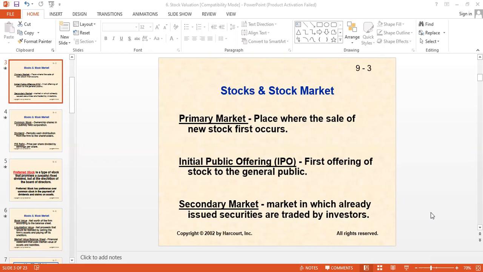Initial public offering. This is initial because this is the first time shares are sold. Then public. Why is the word public there? The reason is that these shares, which are sold for the first time, are sold to the public. They are offered for purchase to common people, to the general public.